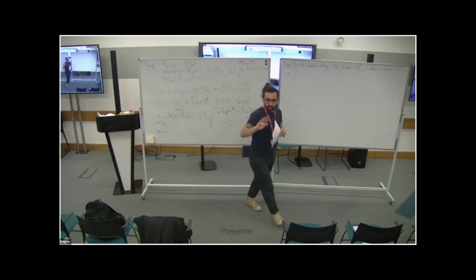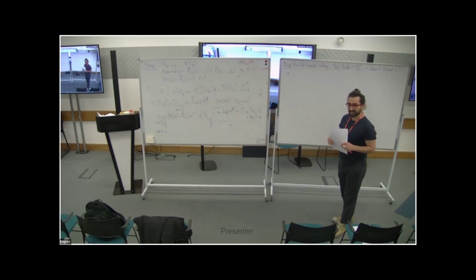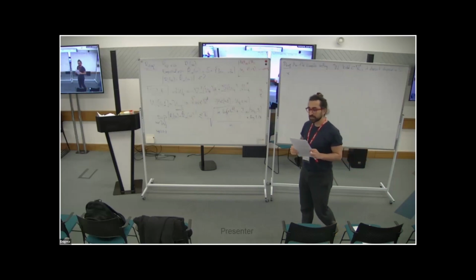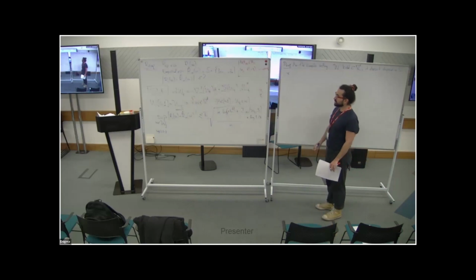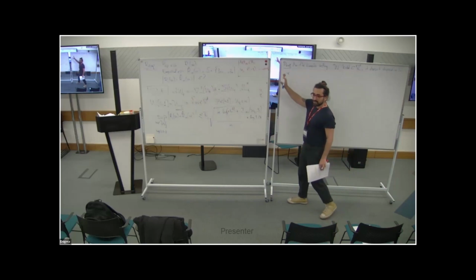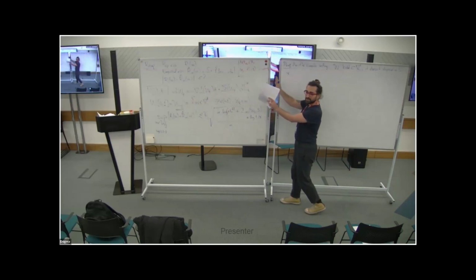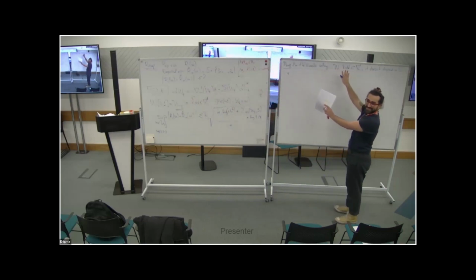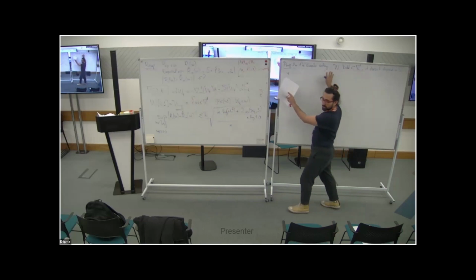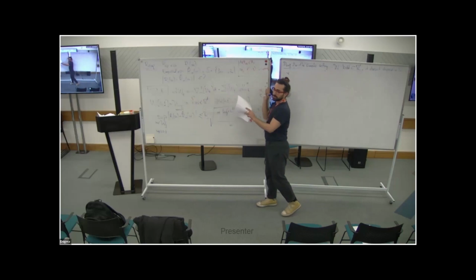So let's simplify the proof to give us an idea of the proof. Say this is a problem, and let's forget about it. I'm defining a new problem, and I'm going to argue that the proof of this problem is going to be similar to the proof of the original problem.